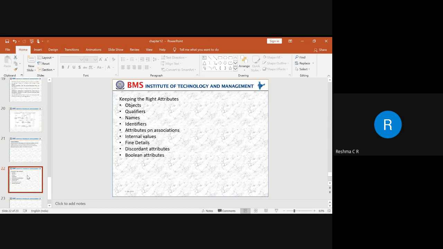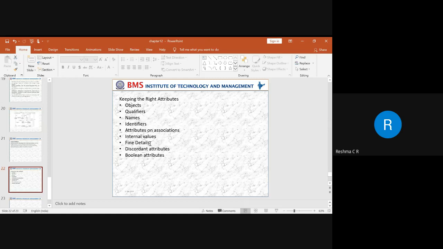For finding the attributes, we need to keep the right attributes. Here there is a list of ways to keep the right attributes. The first is the object, qualifier, names, identifiers, attributes on an association, internal values, fine details, discordant attributes and boolean attributes.